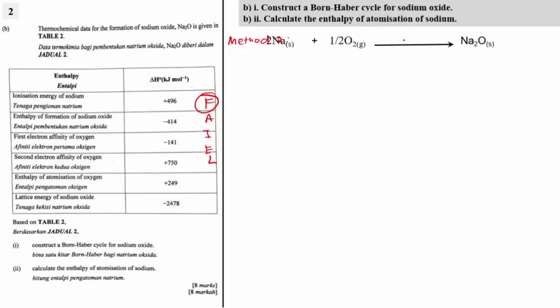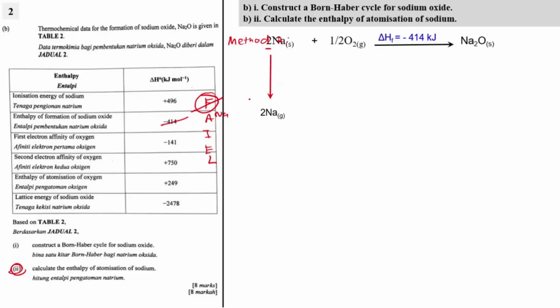The value for the enthalpy of formation is negative 414. Now we're going to look into the enthalpy of atomization for Na. We don't have the value because we need to find it out in step number 2 here. So Na solid is going to be converted into Na gas.